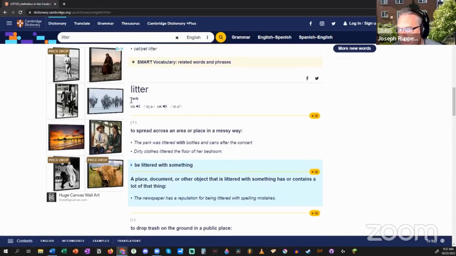We're after this verb right here: to spread across an area in a messy way. The park was littered with bottles and cans after the concert. Dirty clothes littered the floor of her bedroom. So if something litters an area, it means it's scattered without any organization, without any order at all.